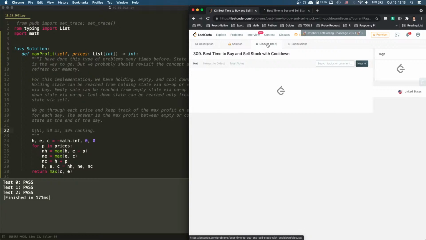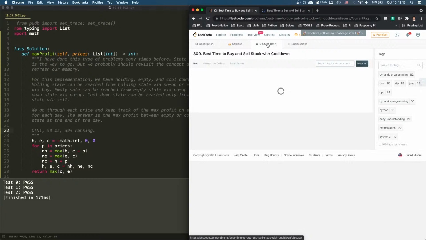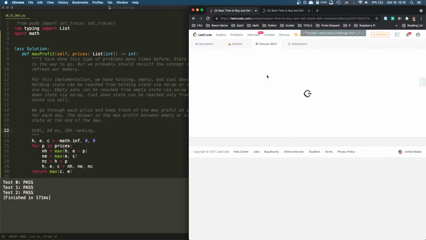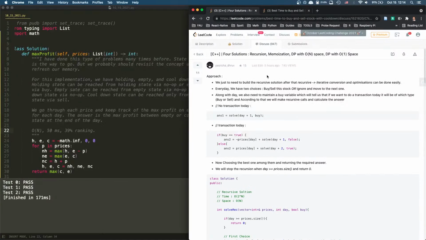I don't know if it's posted here. It's posted somewhere with a diagram and everything. Alright. Recursive to iterative conversion can be done easily.